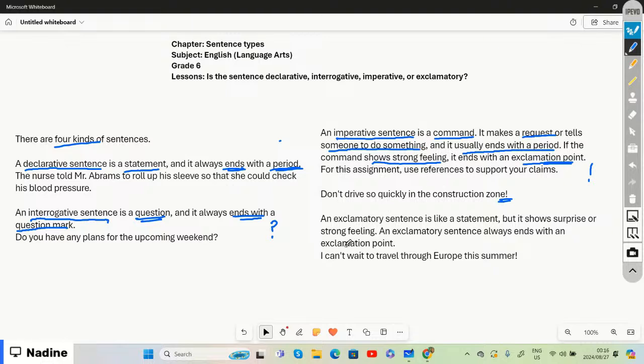And then lastly, we have an exclamatory sentence. An exclamatory sentence is like a statement that is being made. But with this statement, it shows surprise or strong feelings, right? And an exclamatory sentence always ends with an exclamation point.